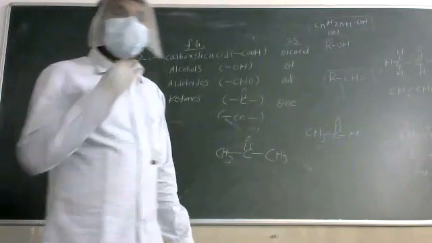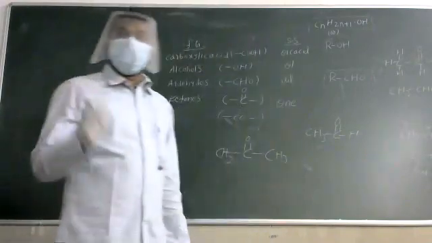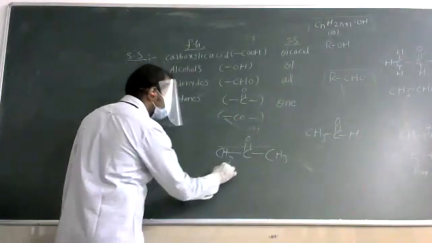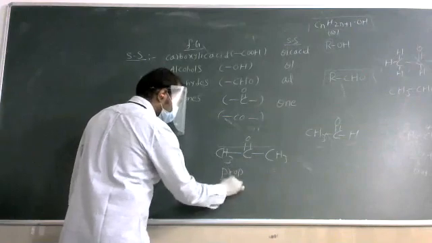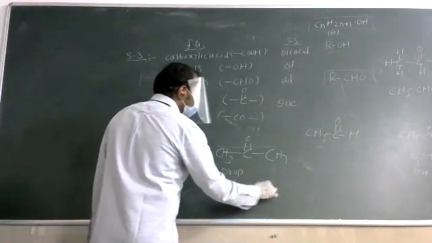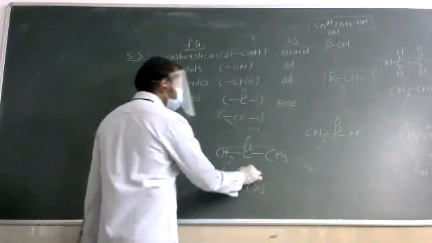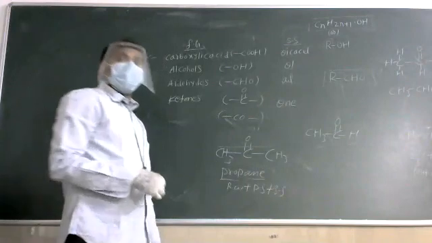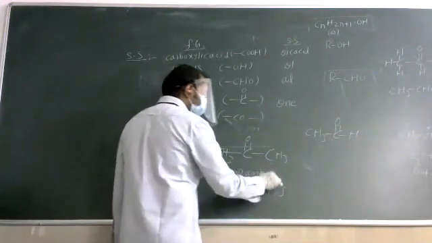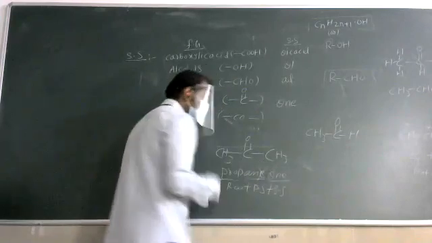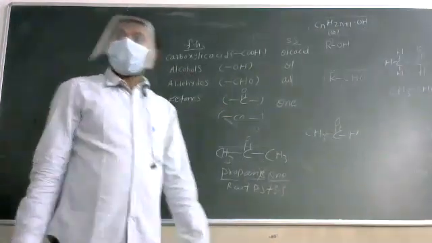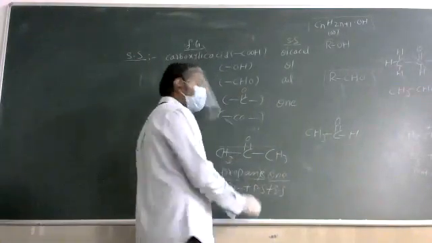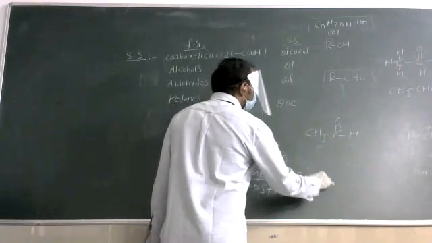What is the name of this? Three carbons, prop, the root word. The primary suffix is A. The secondary suffix is ONE, where E is replaced by O. Propanone is one of the important ketones. First ketone, propanone, is the IUPAC name.